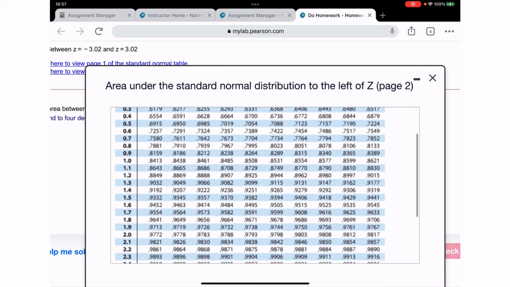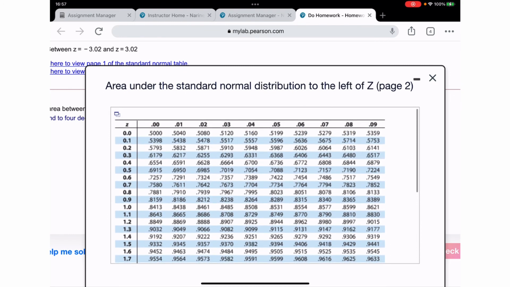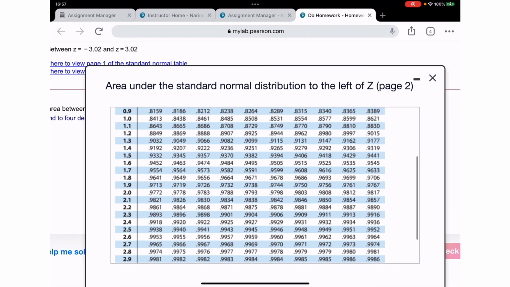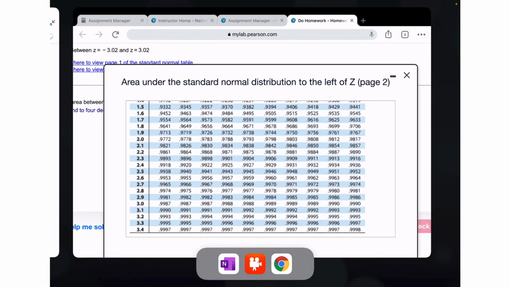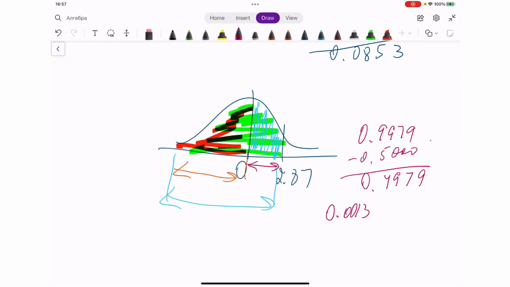Where is my 3.0? 2 is the third column, counting from the beginning, right? 3.0. Okay, and 2, 0.9987.